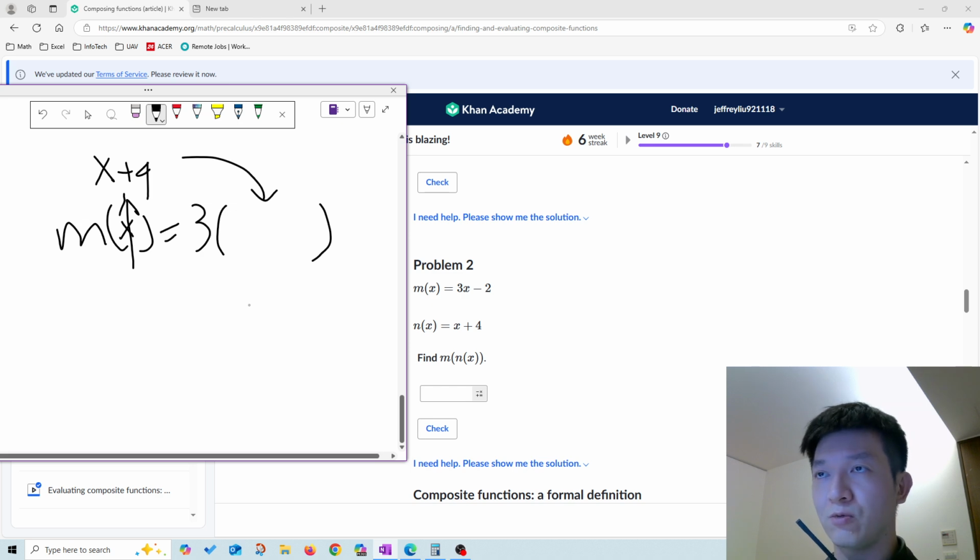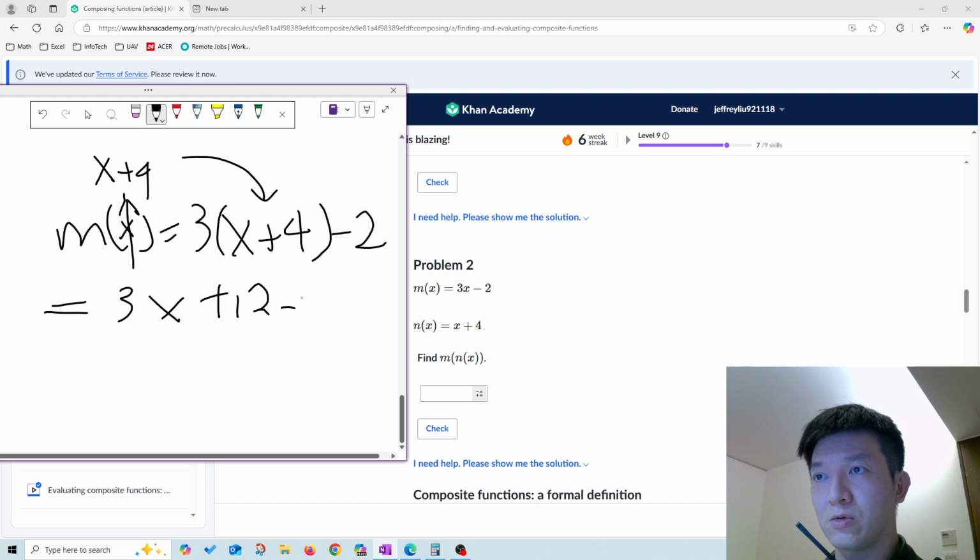Algebra is always like replacing, right? Replacing your old unknown numbers, unknown variable. So your new variable will look like this. The whole thing will be replaced, but the constants stay constant. They'll remain the same. So the whole thing will be 3x plus 12 minus 2.